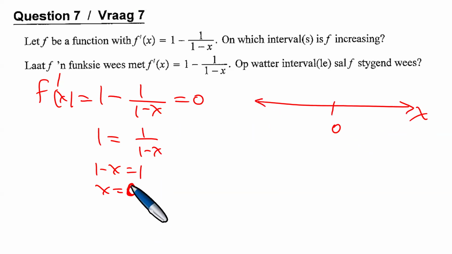When x is 0, we can put values into this function, to the right-hand side of 0 and to the left of 0. Let us deal with what happens to the right of 0.